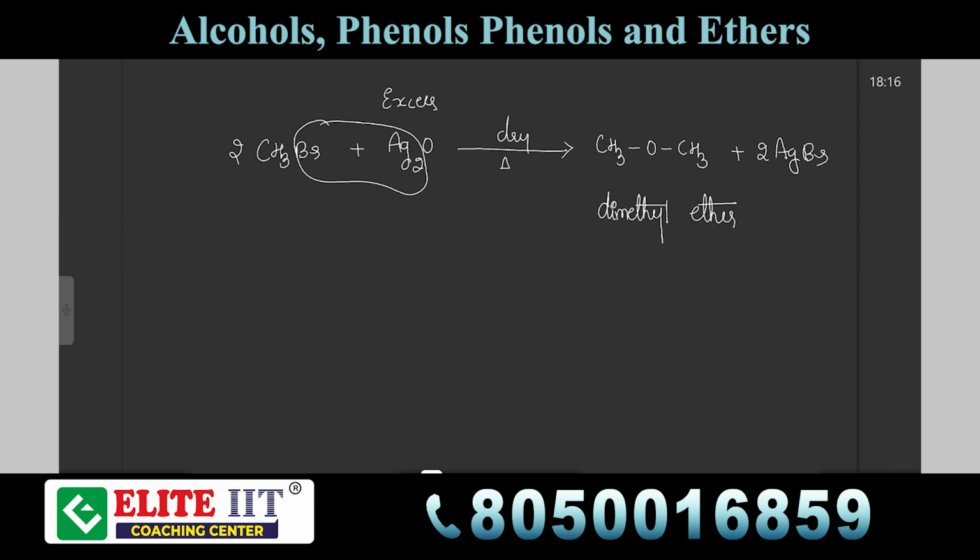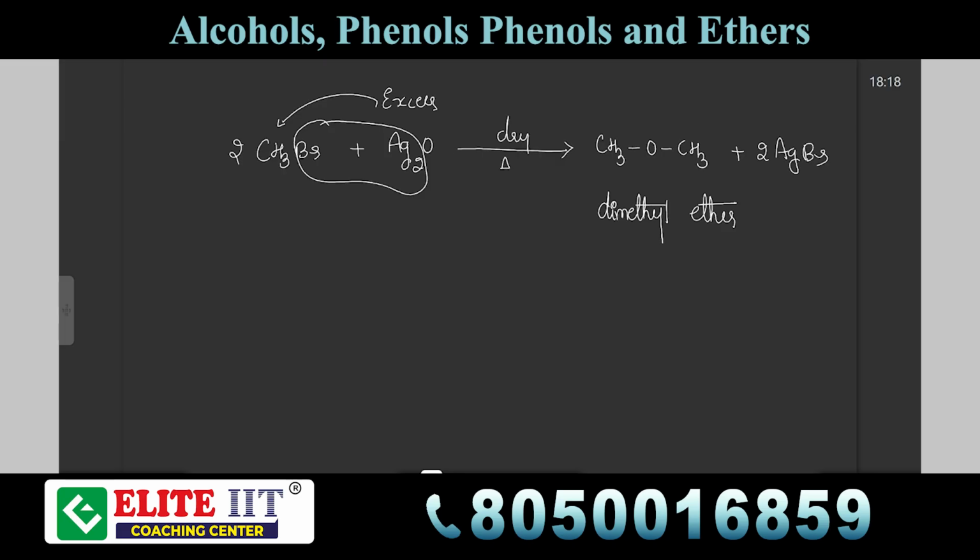If you use excess of alkyl halide, we get dimethyl ether. So whenever you read a question, please go through the condition and then answer, especially the organic part. Okay, copy down the equation, think over it. Right, next one.